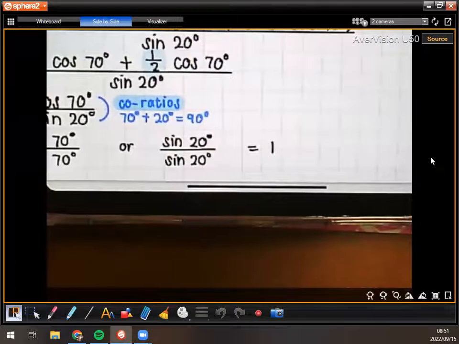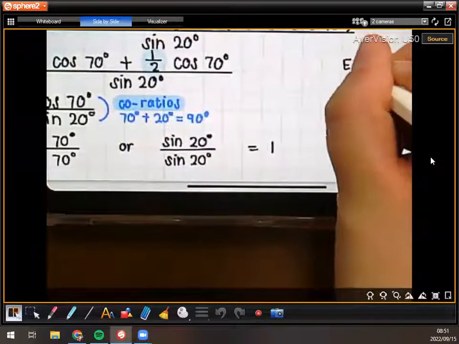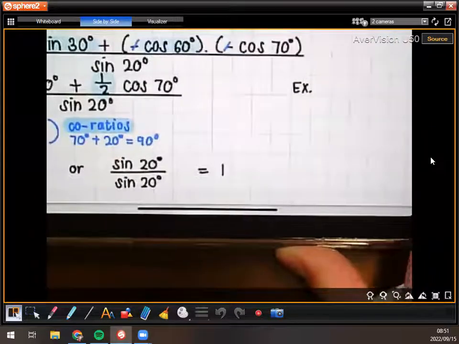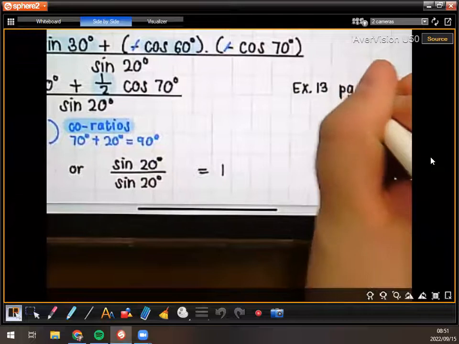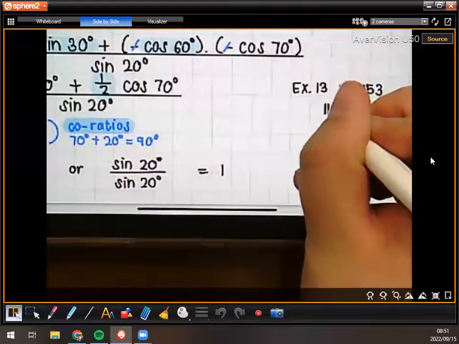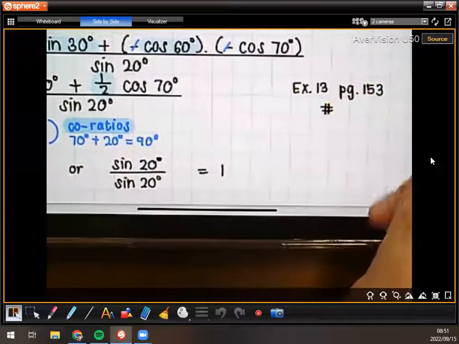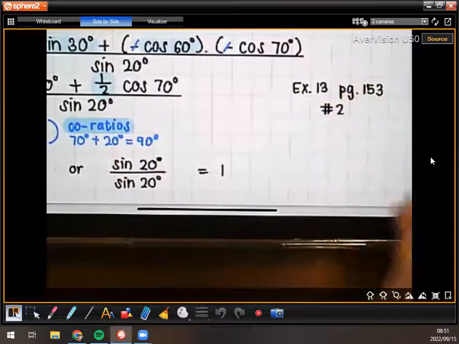I'm going to give you one that doesn't use co-ratios and then one that does. So it has to be in 2 different exercises, sorry, because they are split up like that. So exercise 13 on page 153, I want you to do number 2.